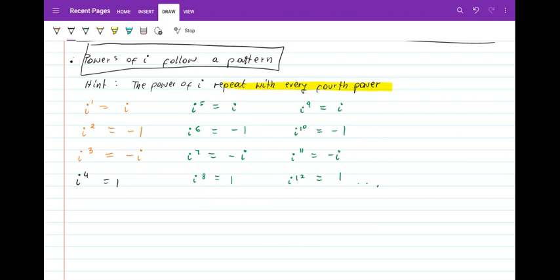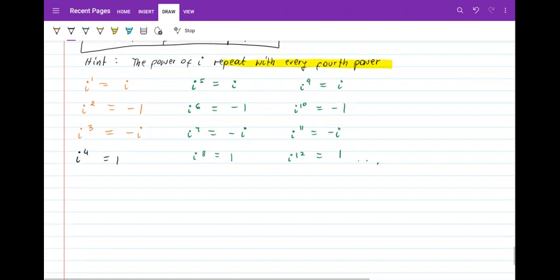So we're going to do a couple of examples. Example: evaluate powers of i.